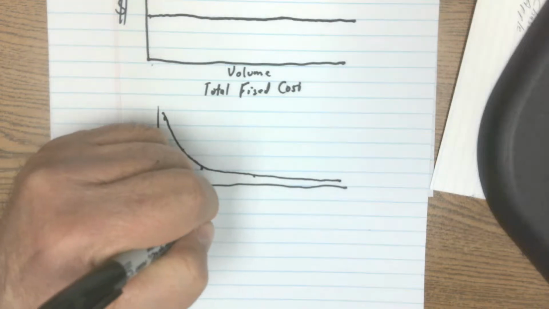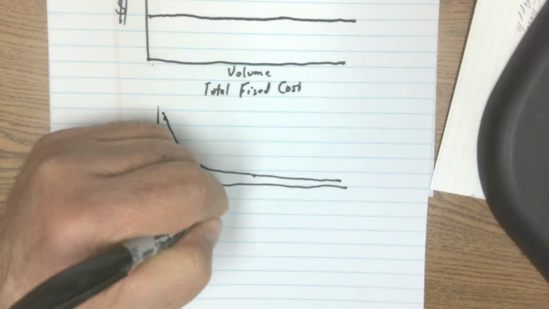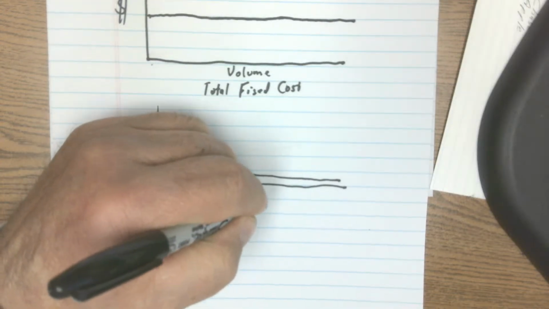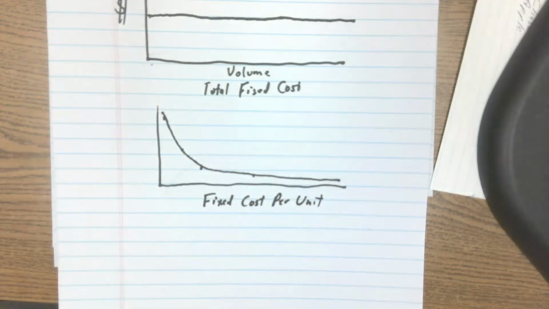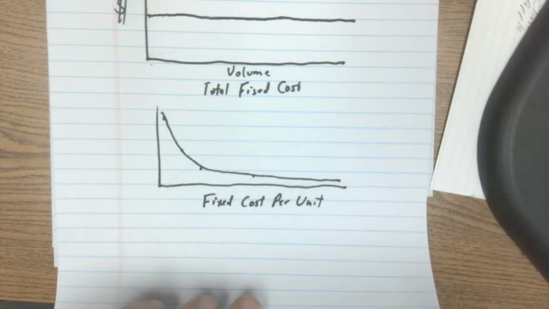This is per unit. And that's the advantage that larger companies have over smaller companies, is they can spread these overhead costs over more units that they're manufacturing.